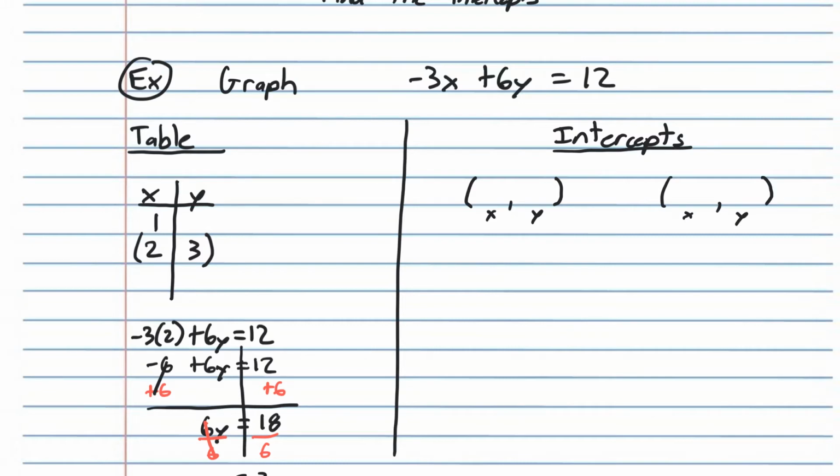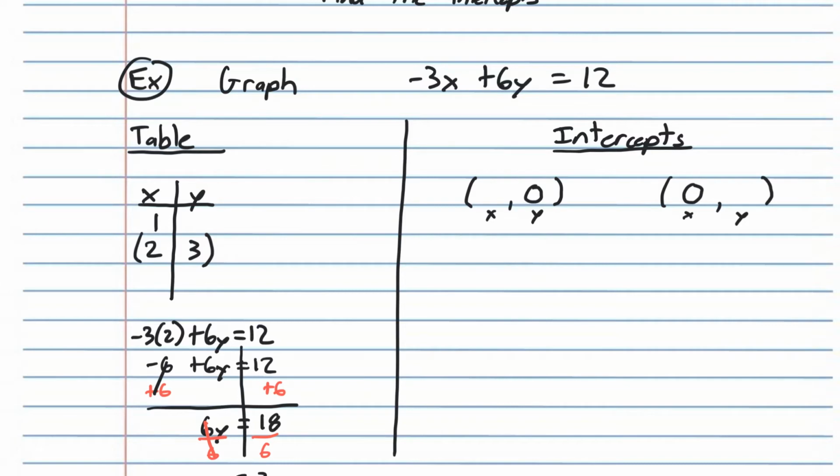So if we're trying to find the x-intercept, we're essentially going to plug in 0 for y. Or vice versa, if we're trying to find the y-intercept, we're going to plug in 0 for x. The nice thing about plugging in zeros is it makes the math very easy, because anything times 0 is 0 and just goes away.